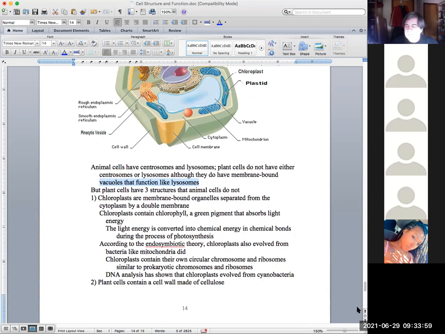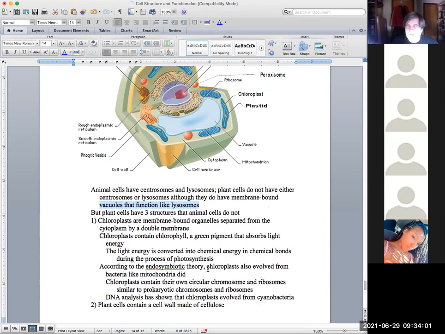On the other hand, plant cells have three things that we don't see in animal cells. One of the things they have is something called chloroplasts. Chloro means green. And there are several different types of membrane-bound organelles called plastids.